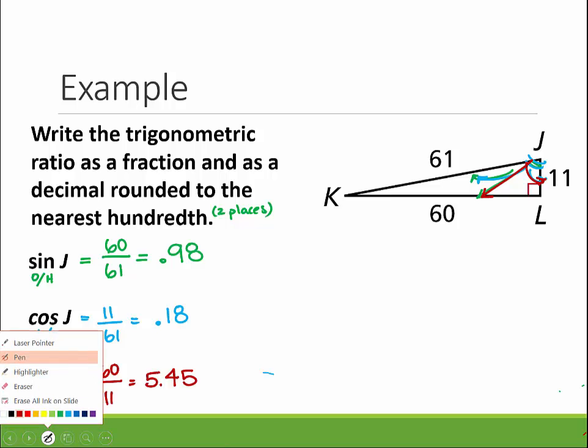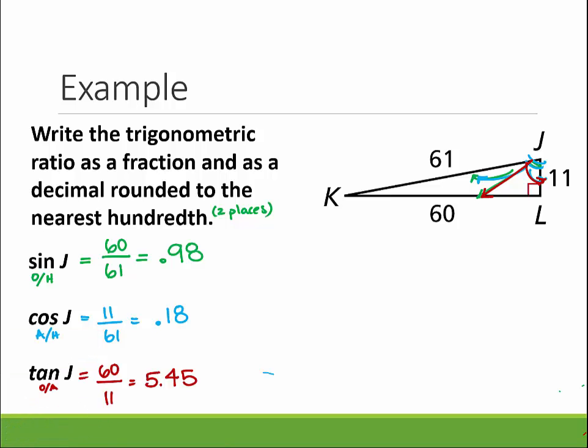Now, one thing to notice about sine and cosine is both of our denominators here are the hypotenuse. Remember that hypotenuse is always the longest side, so these numbers always have to be between 0 and 1. They can't be less than 0 because they can't be negative because we're talking about side lengths here. And they can't be bigger than 1 because that would mean that one of your legs is bigger than your hypotenuse, which can't happen.